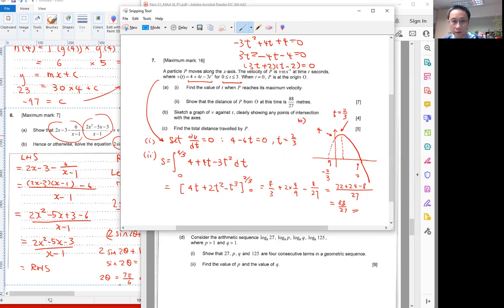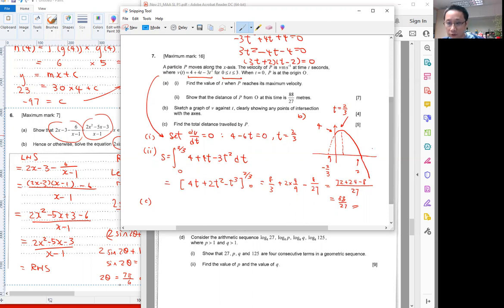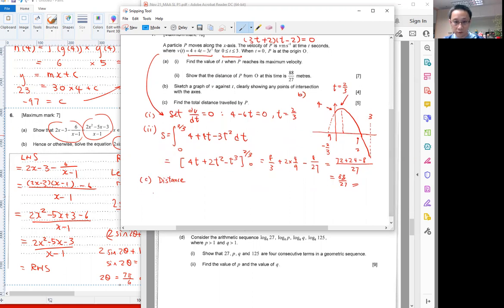So that's part B. Part C is about the total distance. By sketching the graph, you realize that the object would have moved forward from 0 to 2. From 2 to 3, however, the object would have moved backward. I probably should have added a vertical line to indicate the end of the time interval. So from 0 to 2, the distance would equal the integral that we have already evaluated earlier on.